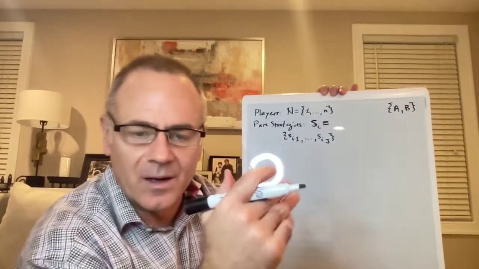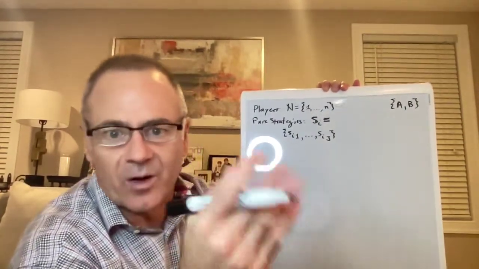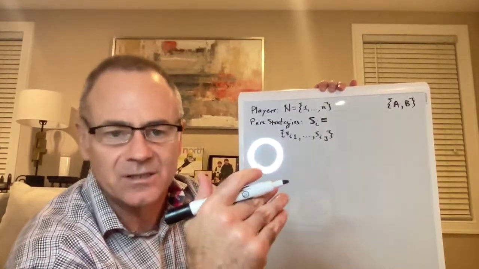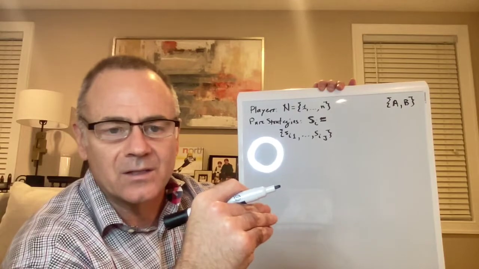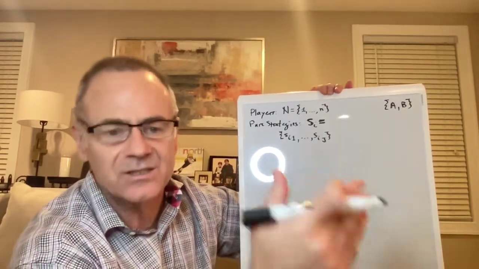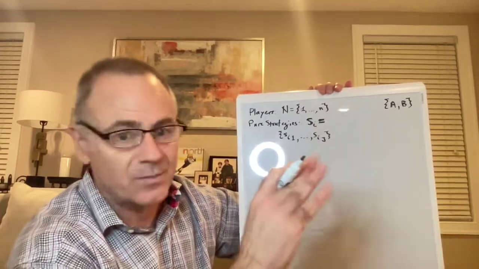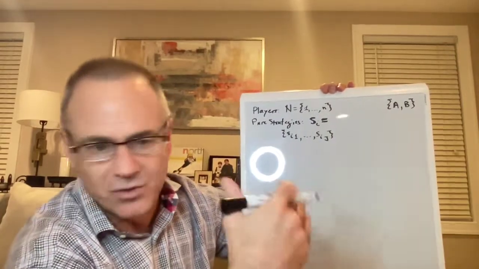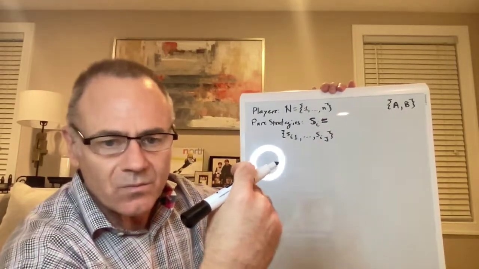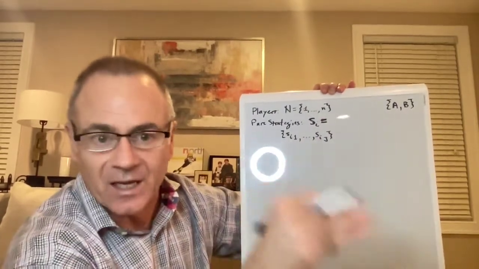McKelvey-Palfrey called them pure strategies. Commonly in game theory, we call them actions. So a strategy is either play one of the possible actions or do a combination, somehow mix over two or more possible actions. So if you play a pure strategy, you're just picking one action.